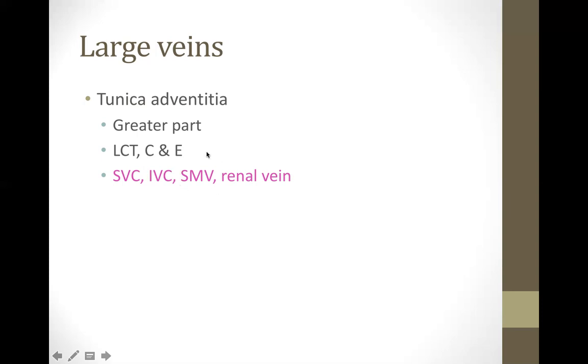SMV? Superior mesenteric vein and the renal vein. These four are examples of large veins. The rest are medium-sized veins. Okay? Again, examples of large veins are your superior vena cava, your inferior vena cava, your superior mesenteric vein, and the renal vein. Okay?